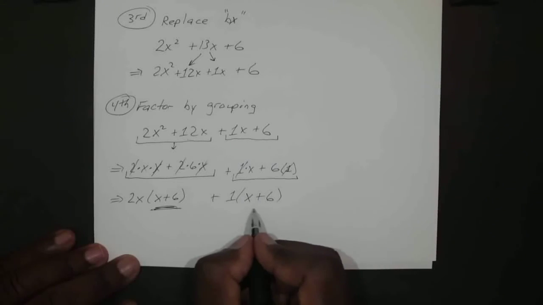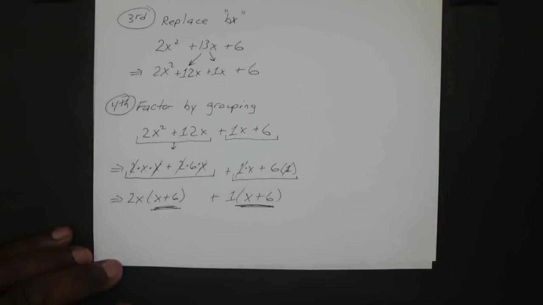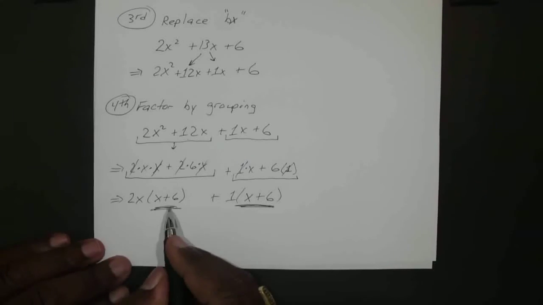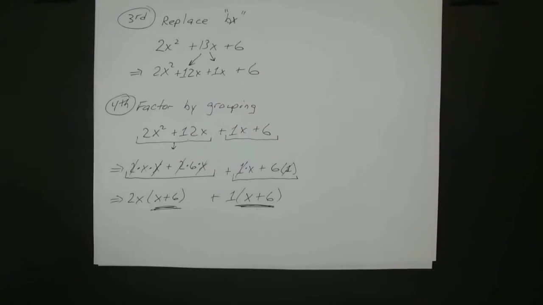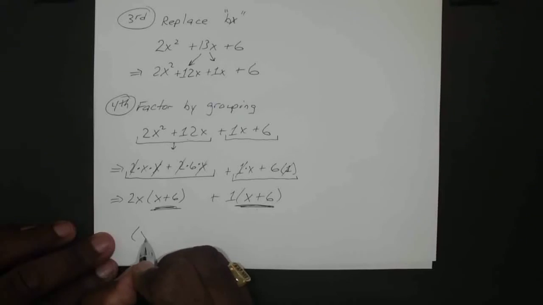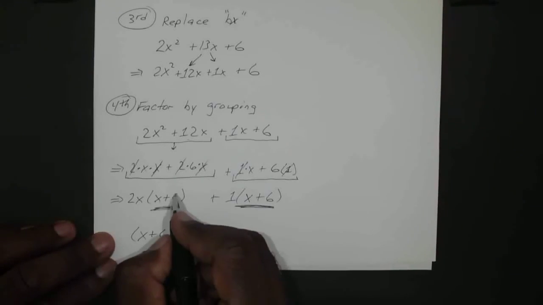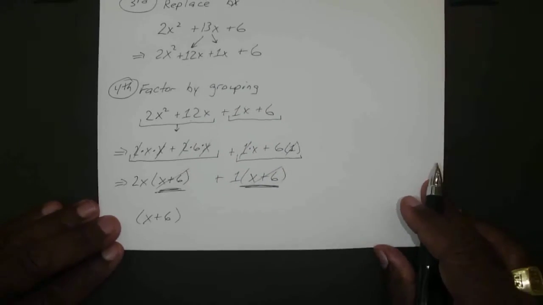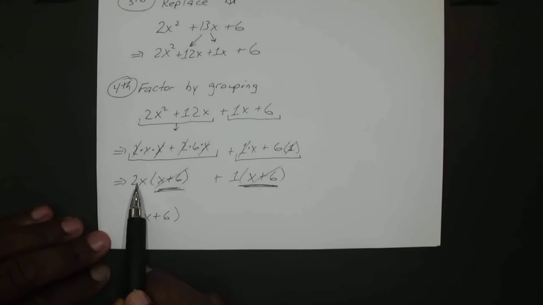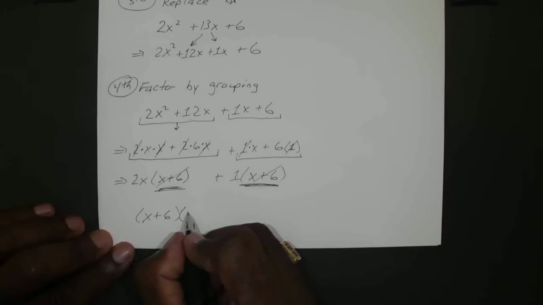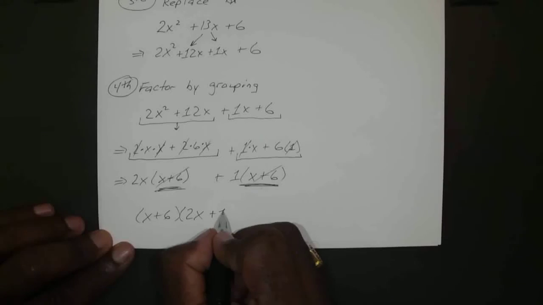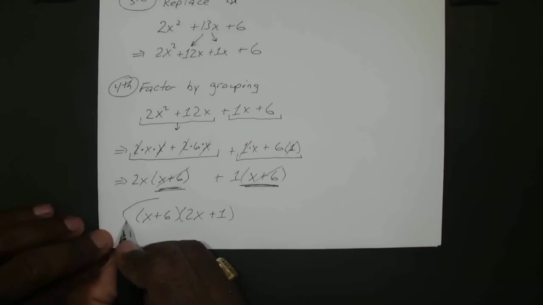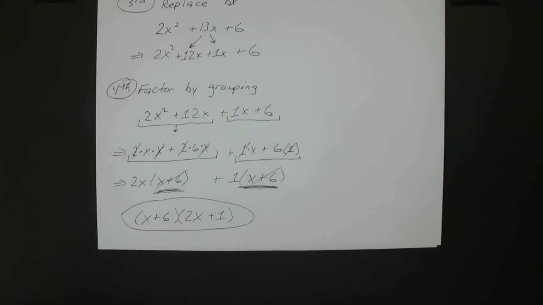Okay, so we have the matching binomials that we were looking for. As long as those match, we know we're on the right track. Okay, so you just get those, factor them out to the front. And as soon as you factor them out, you just cross them out. And that leaves you with 2x plus 1. All right, and that's your final answer.